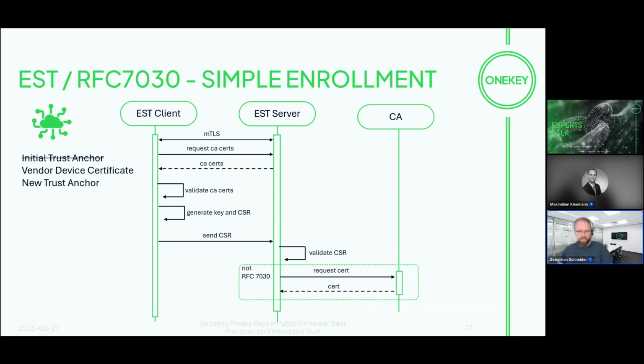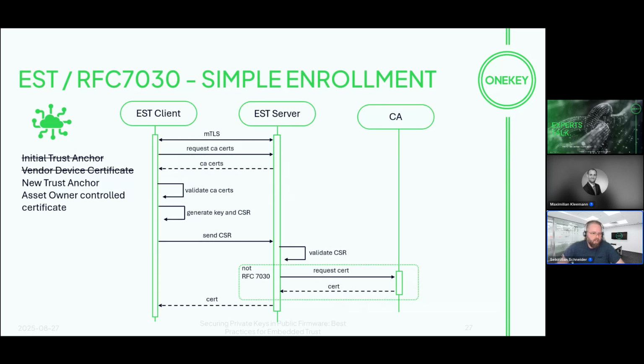How this back-end communication works is not defined in RFC 7030, but there are already working implementations that do this. If this certificate authority is also happy with the signing request, it will send over a signed certificate, and this will be then handed over to the EST client and installed on the device.